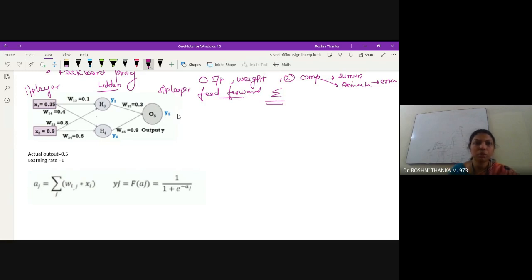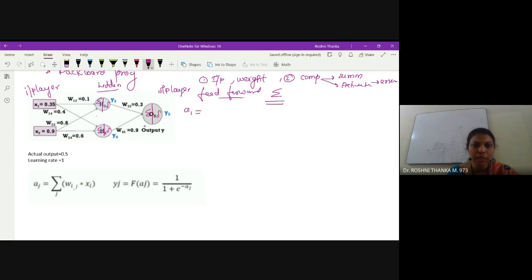First we will calculate the first summation. Let us take it as A1 for this first one. You know that for this hidden layer we have two parts: summation and activation function. Here also summation and activation function, and here also summation and activation function we have. So first let us find this summation. Let me name it A1. How will you do the summation?